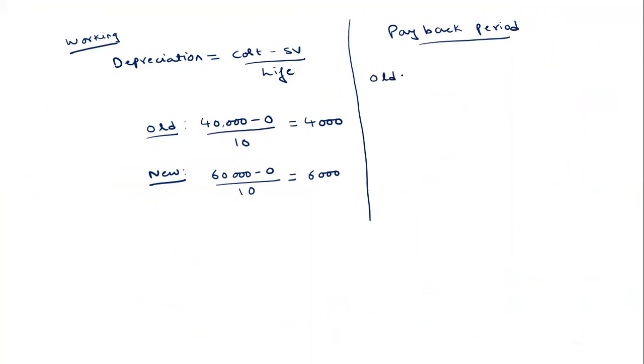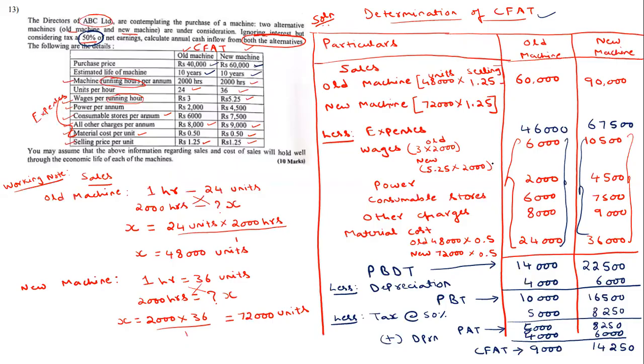You may note this for the old machine. We say the initial investment over CFAT, cash flow after tax. For the old machine, we know that the initial investment happens to be 40,000 and the cash flow after tax, which we got from the calculation here, is 9,000.